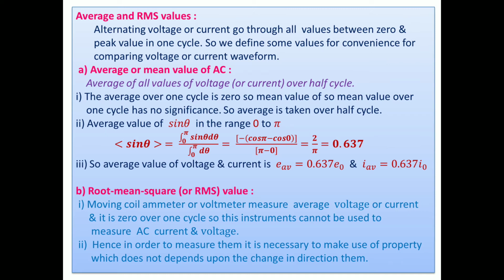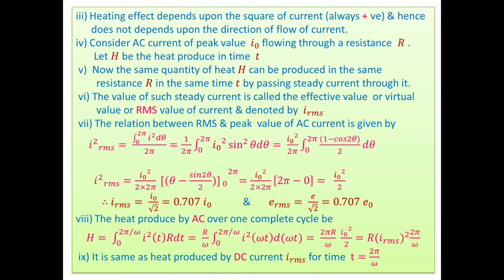Okay. Then the question arises, how can we measure this voltage or current with the help of an ammeter or voltmeter? Then we use a certain property which does not depend upon the change in direction. Suppose we consider the heating effect, which depends upon the square of current.